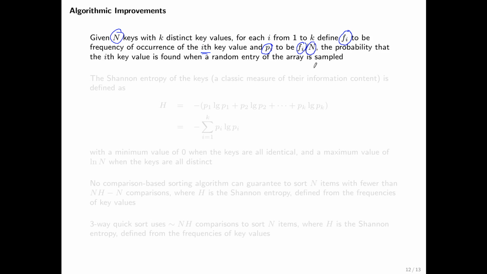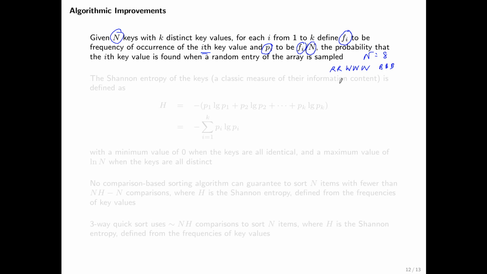So let's say these are my different keys. R, R, W, W, W, and then B, B, and B. How many keys do we have in total? Well, n is 2 plus 3, 5, 5 plus 3 is 8.